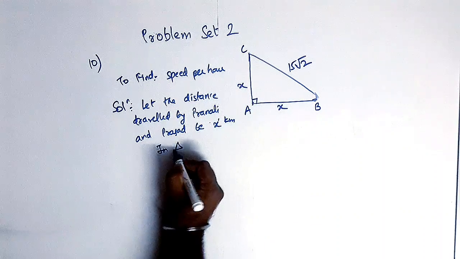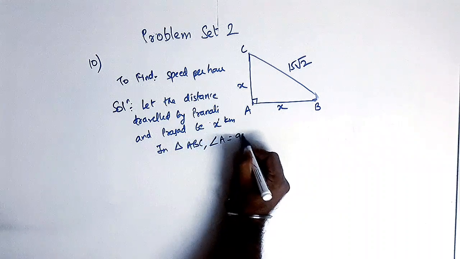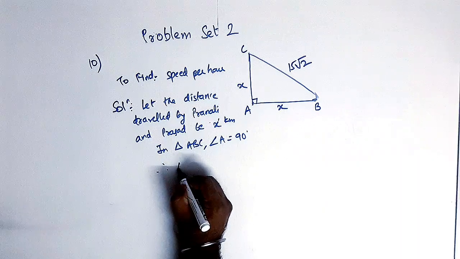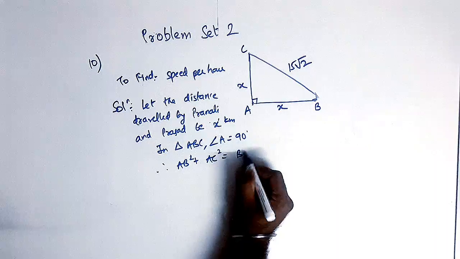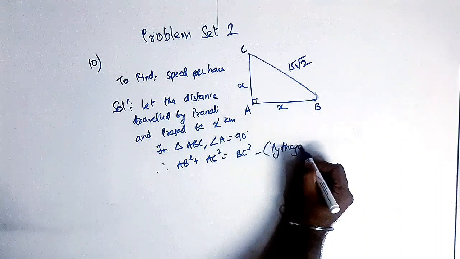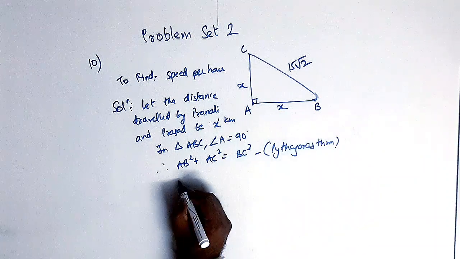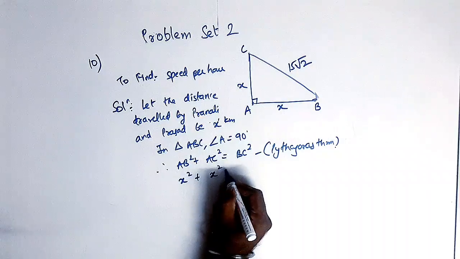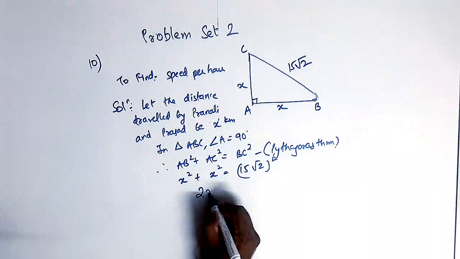Now in triangle ABC, angle A equals 90 degrees. Therefore AB square plus AC square is equal to BC square. This is by Pythagoras theorem. So x square plus x square is equal to 15 root 2 the whole square.